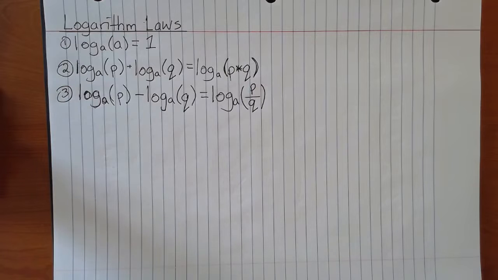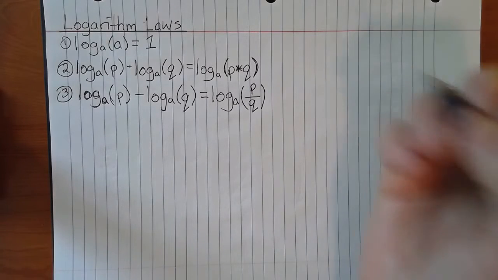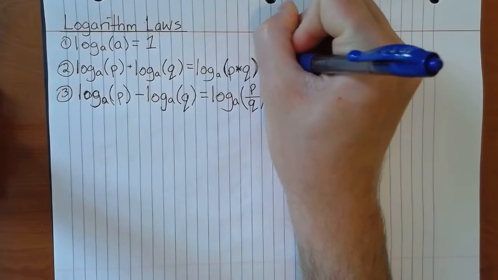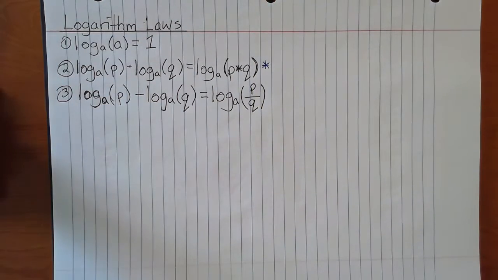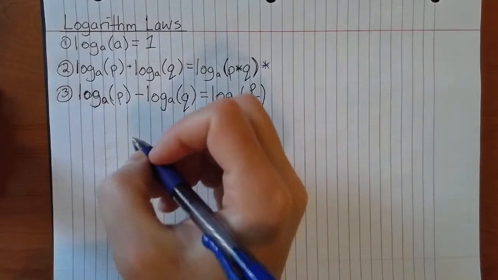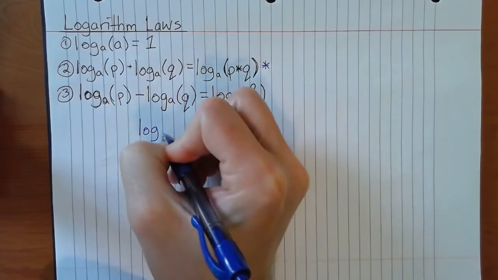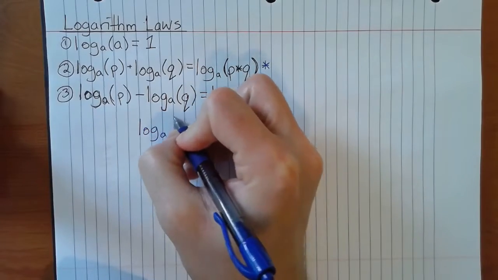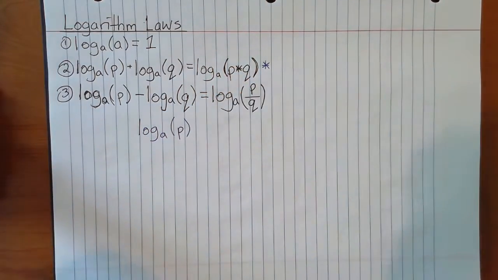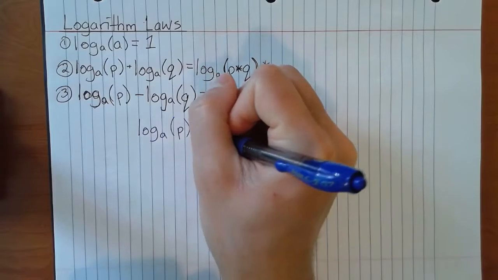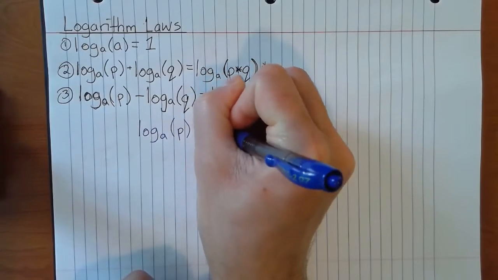So our fourth and final law is going to look at a little bit more of this second law. So let's say in an example that we had log base A of P, so starting out the same, but then we added the exact same thing to it.